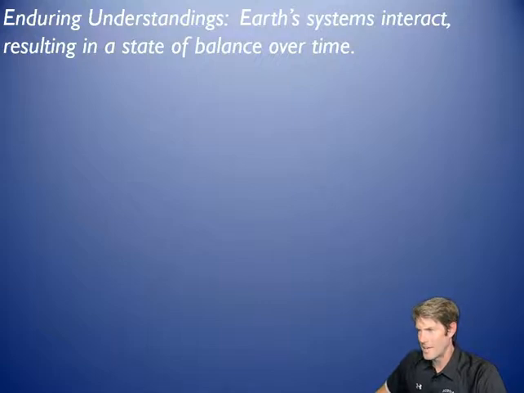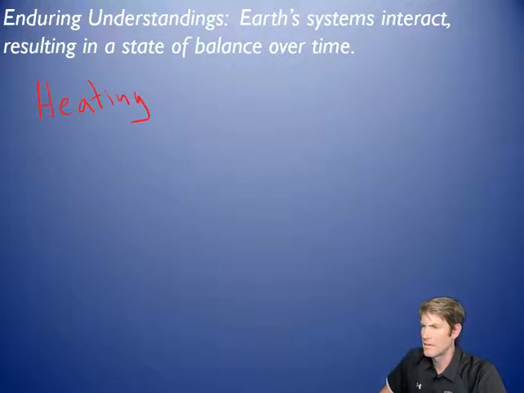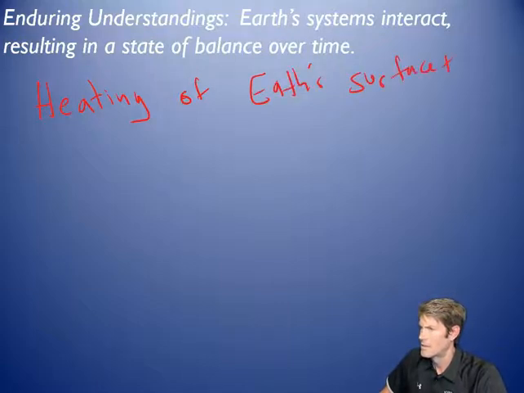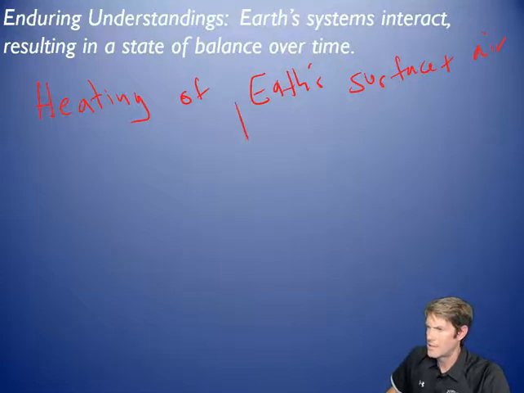Again, enduring understandings. There's a state of balance. One thing that we'll be seeing driving all of this is the heating of Earth's surface and the air. And this is uneven.